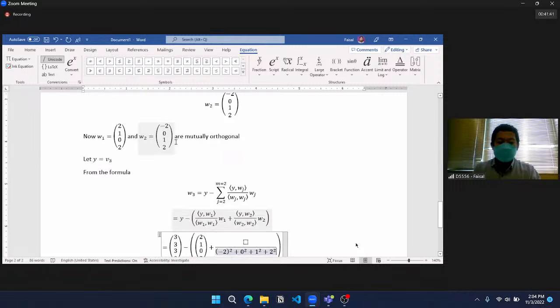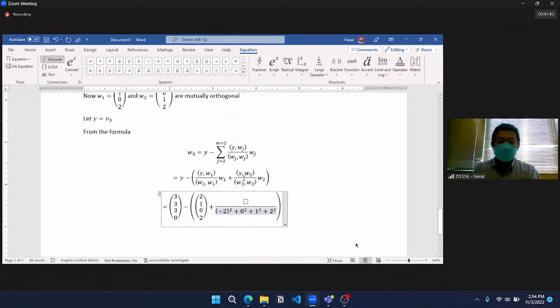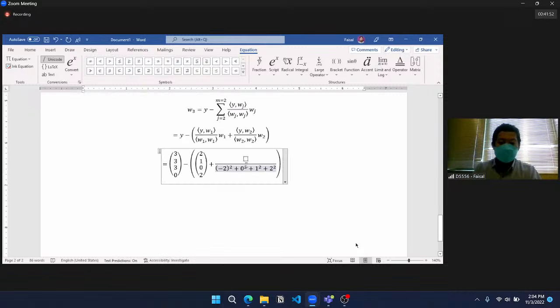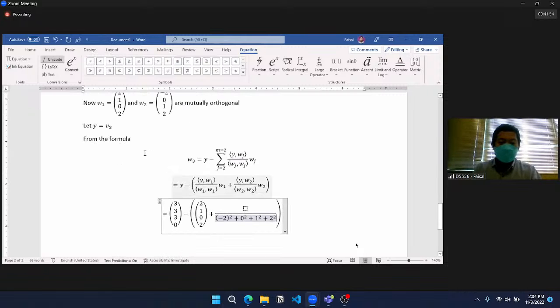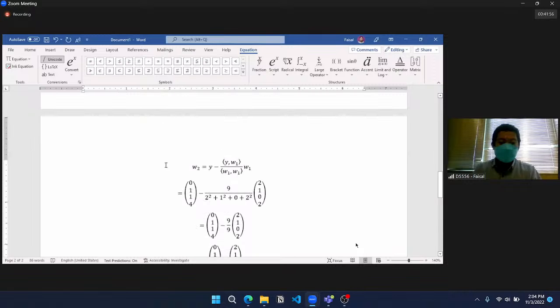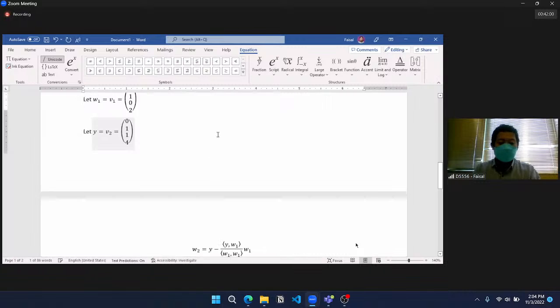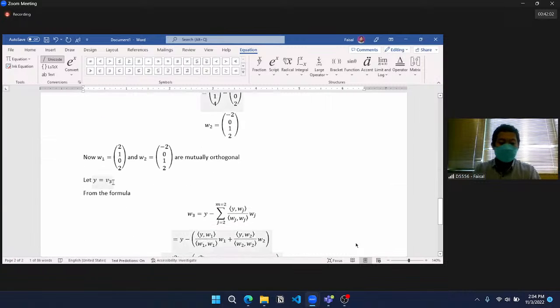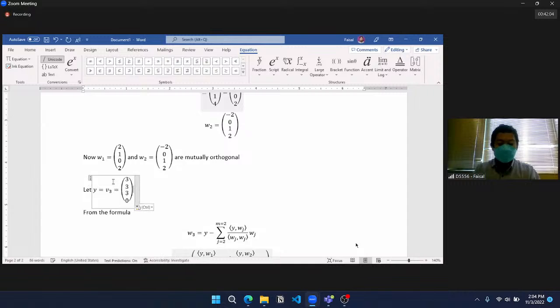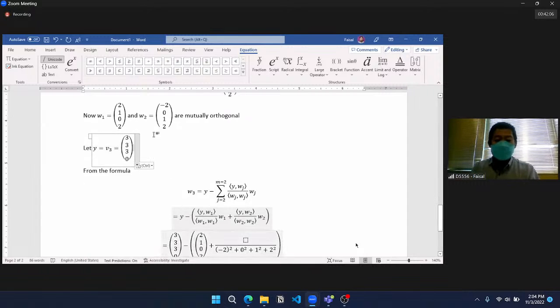And what is the dot product of Y and W2? Y is P3.